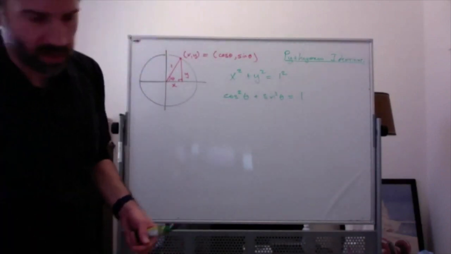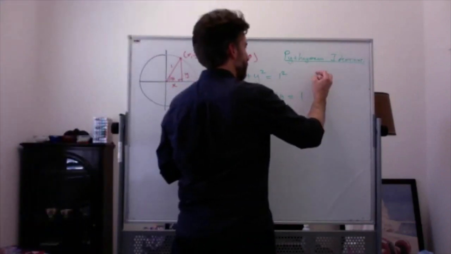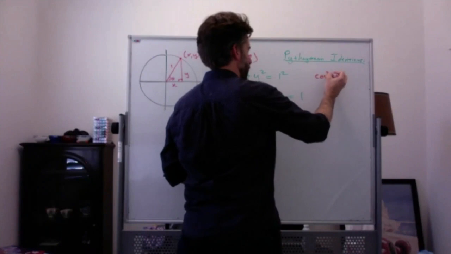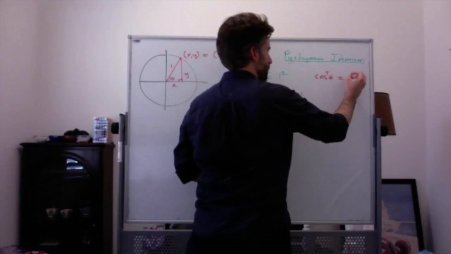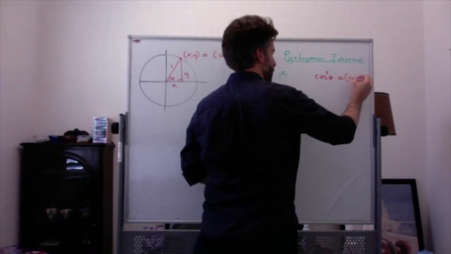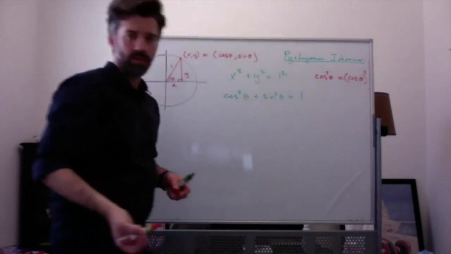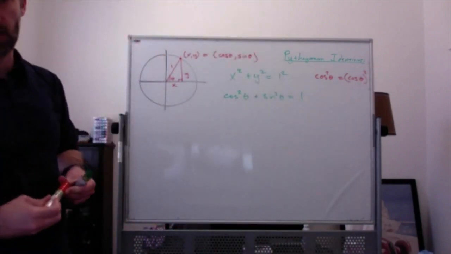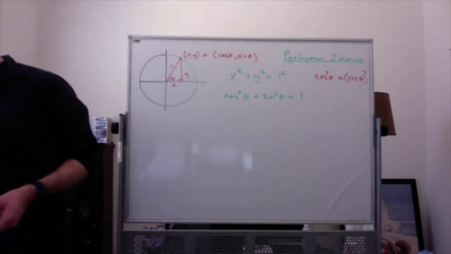And I'll just say over here, cosine squared theta means cosine of theta quantity squared. It's just an abbreviation that we like to use because it's faster to write.